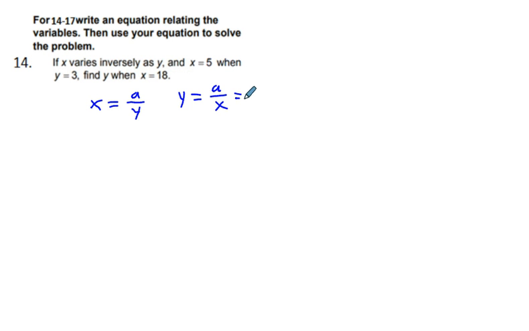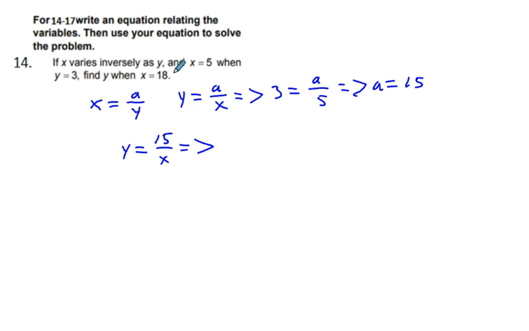So if x equals 5 when y equals 3, we multiply, a is equal to 5 times 3, or 15. And now we can plug back in, y is equal to 15 over x.